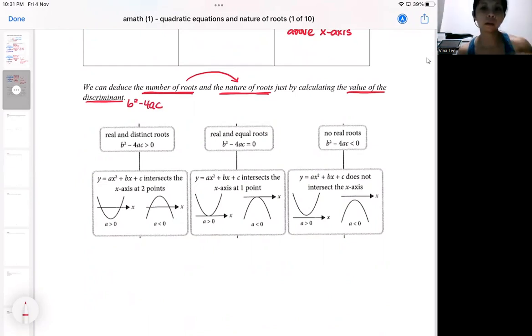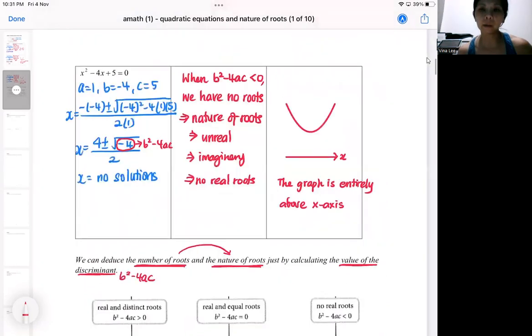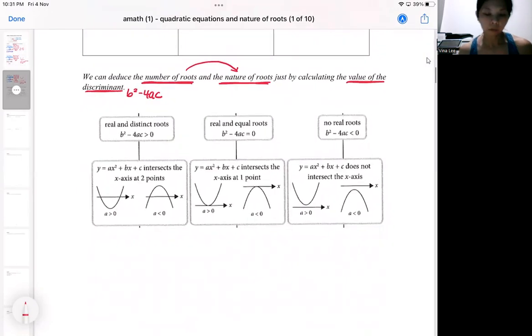So far, in the three examples that I showed you, back to the first example, when the discriminant is positive, we actually got two roots, and this is the nature of the roots.